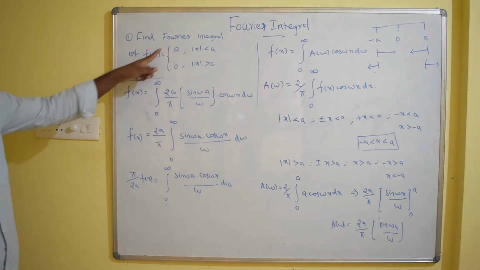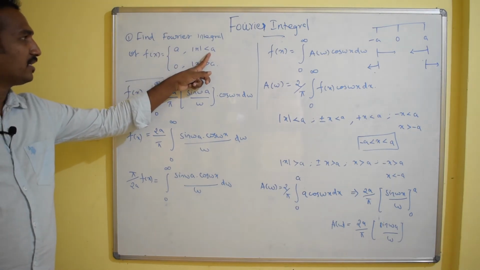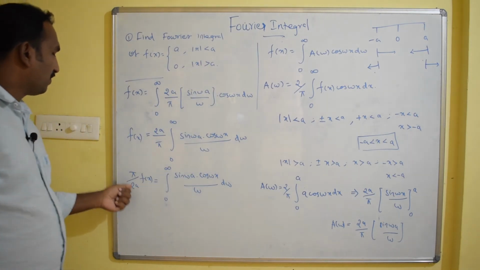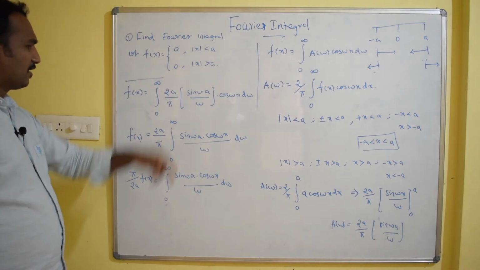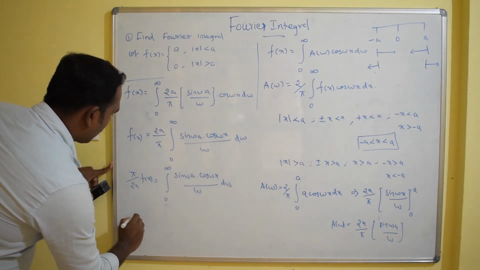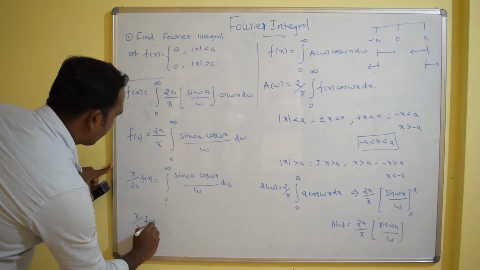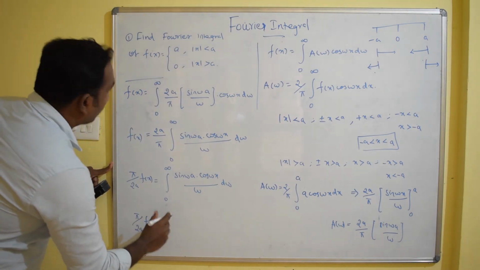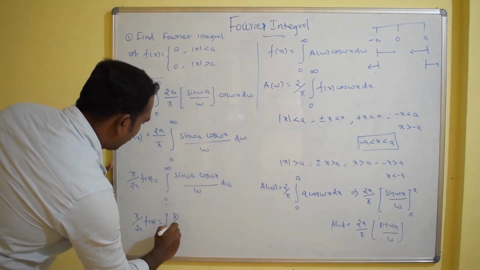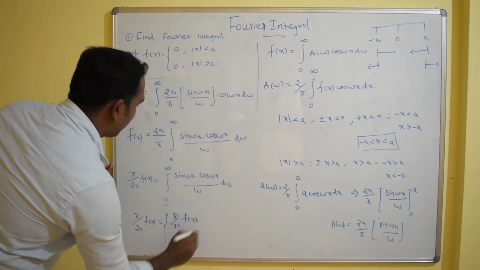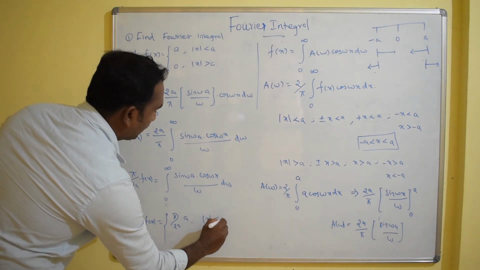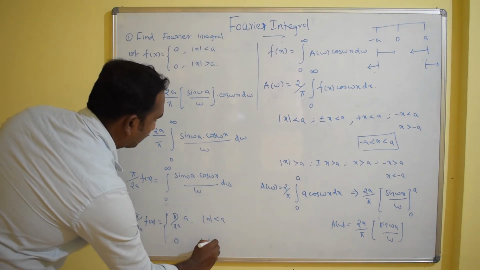And we know f of x is equal to a when x lies between minus a and plus a, and similarly the second function is 0 when modulus of x is greater than a. But here we got pi by 2a into f of x. Just substitute here. What will we get from the given question? Pi by 2a into f of x, where f of x is a when modulus of x is less than a, and 0 when modulus of x is greater than a.